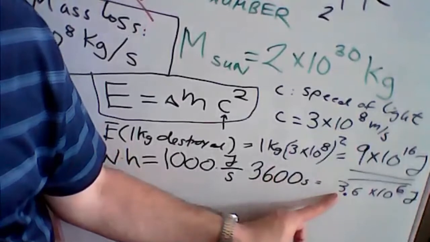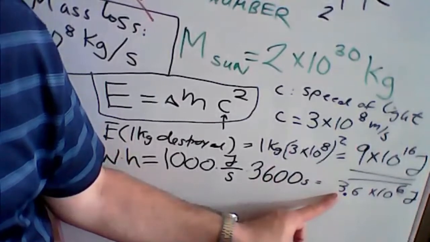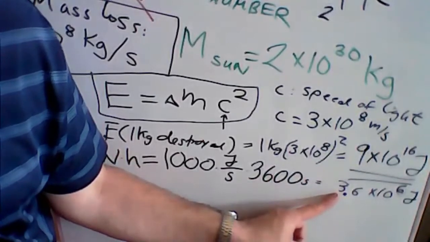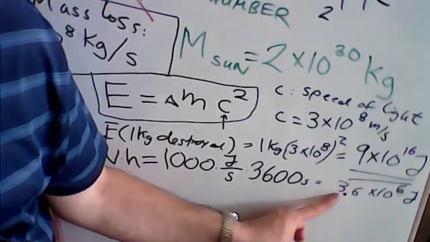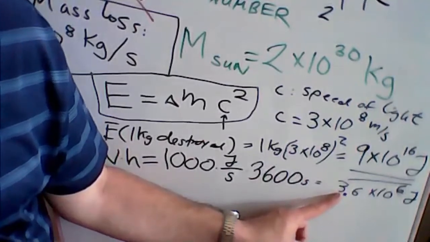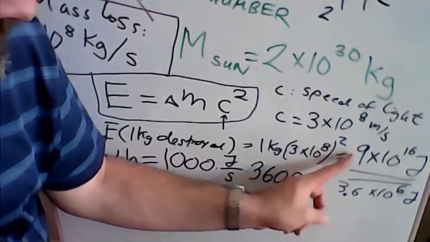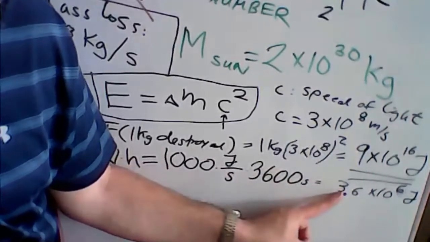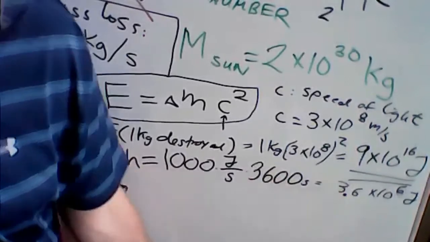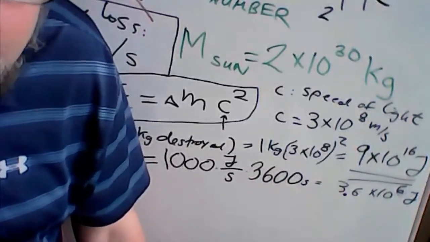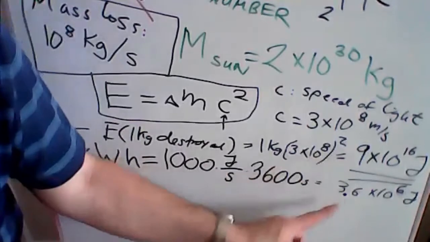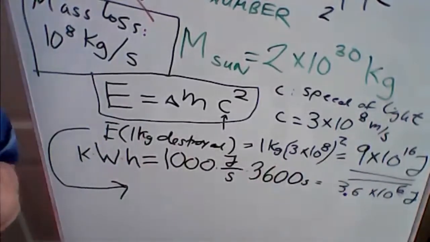This number is how much energy in joules is in 1 kilowatt hour, which is the unit of energy your parents pay for when purchasing energy from the power company. So this divided by this tells you how many kilowatt hours 1 kilogram of destroyed mass produces. Did somebody type it in?